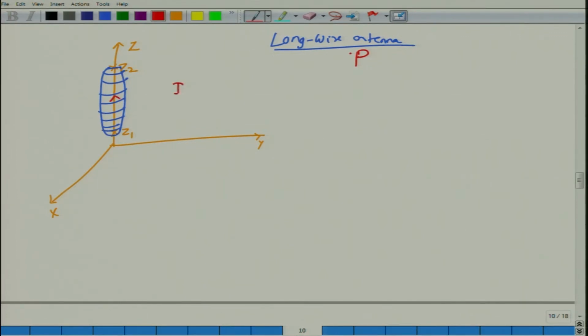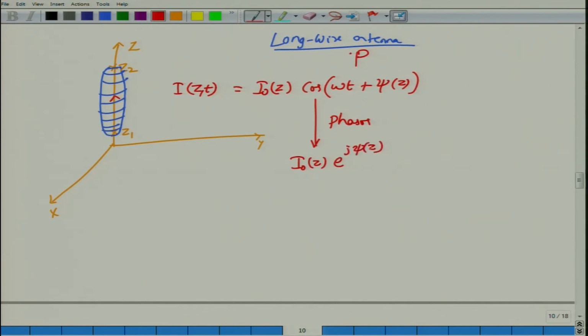The current distribution as a function of Z and time, because Z is the axis over which we have kept the antenna, will be some I0 of Z times cos omega t plus phi of Z; we are again assuming a cosine or sinusoidal variation, but it will also have some phase distribution. Of course, I can go to the phasor notation by eliminating the time dependence, and the phasor will be some I0 of z e power j psi of z. As in the case of a short dipole, unfortunately I do not know what this phase psi of z is, and I also do not know what this I0 of z is.